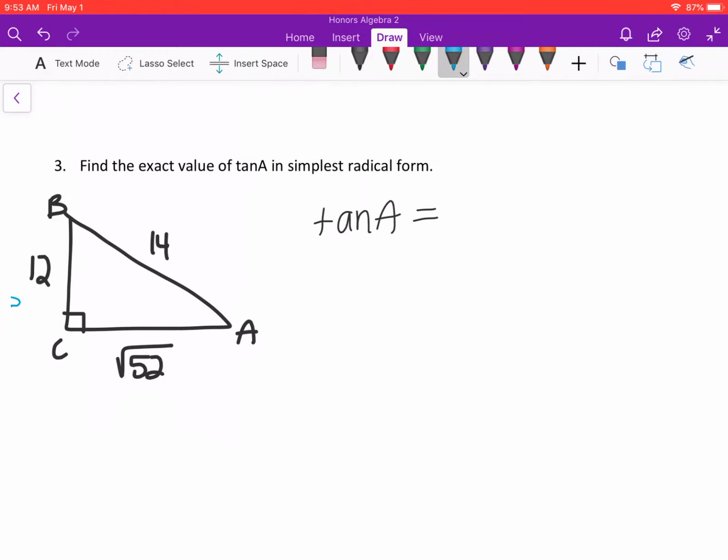Remember, it's the opposite of angle A. And my adjacent is that root 52. So tangent equals opposite over adjacent. My opposite measure is 12, and my adjacent measure is square root 52.